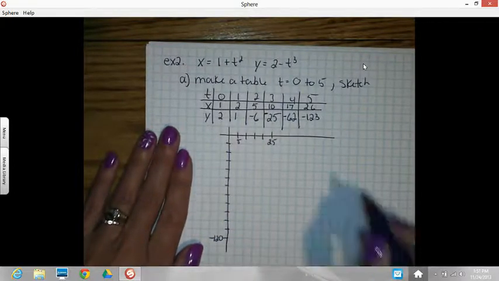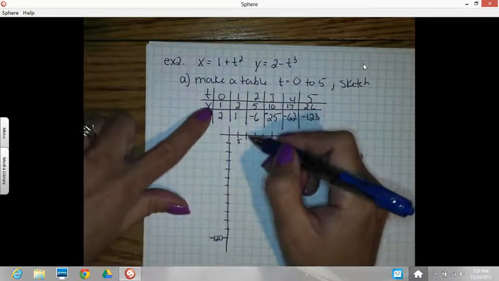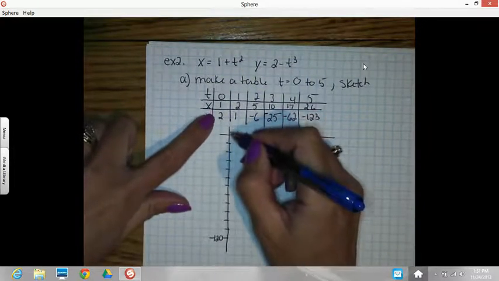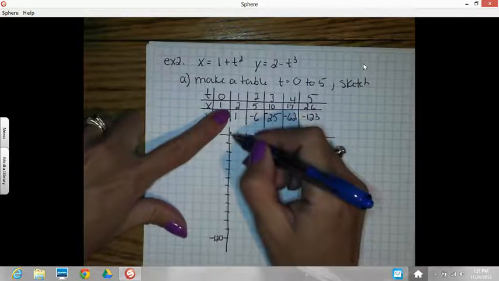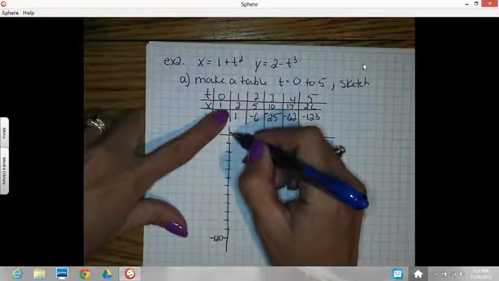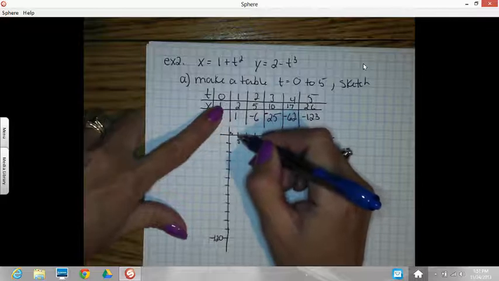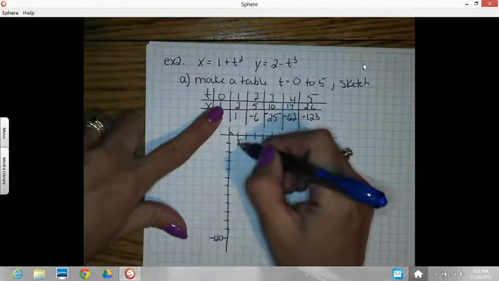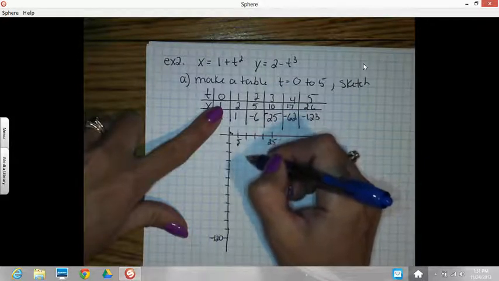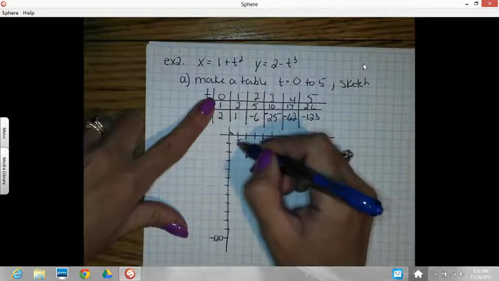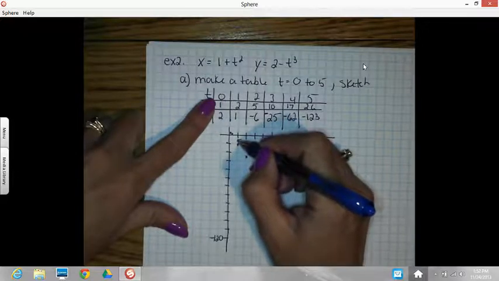Okay, so first point, x is 1, y is 2. Next point, x is 2, y is 1. Then 5, negative 6. Then 10, negative 25. Oh, that was negative 10, so that's going to be up a little bit. Wrong spot.